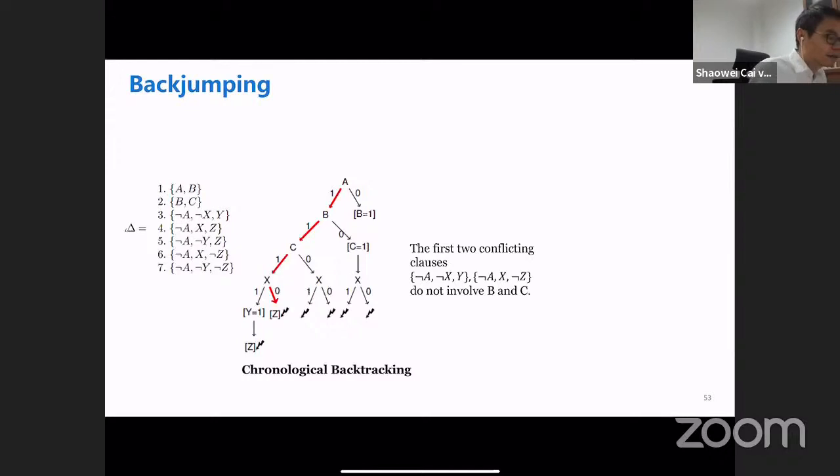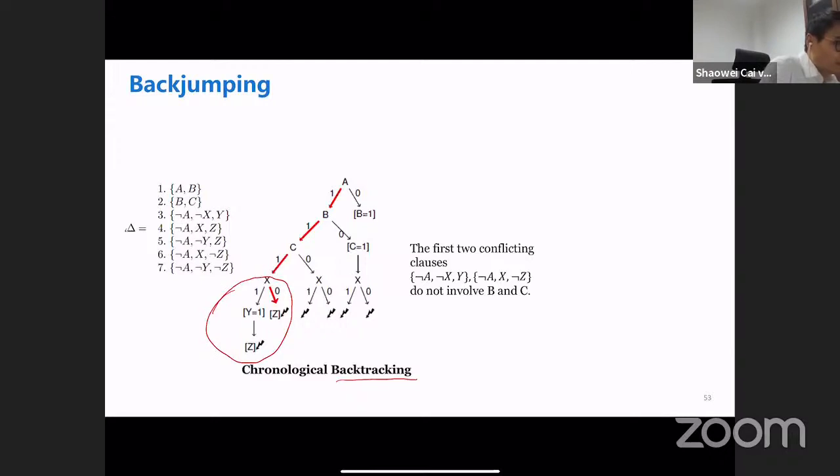But in about the 1990s, some people found that a back jumping technique from other fields, like the CSP algorithms, can also be used to improve the DPLL algorithm. When they checked the backtracking of DPLL, they realized that, for example, after we check all the branches of X, then we need to backtrack.